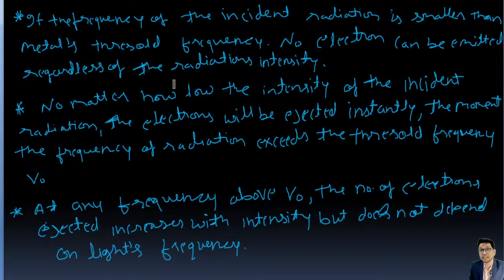If the frequency of incident light is below the threshold frequency, electrons will not get ejected from the metal surface regardless of the intensity. It doesn't matter if we keep on increasing the intensity, the electrons will not be emitted, because the frequency is less than the threshold frequency. That is the first point.